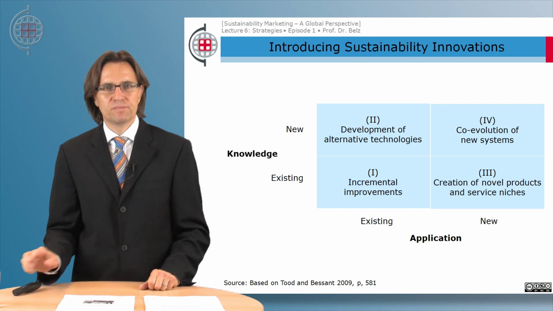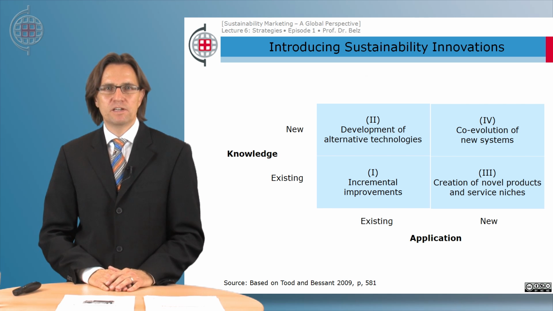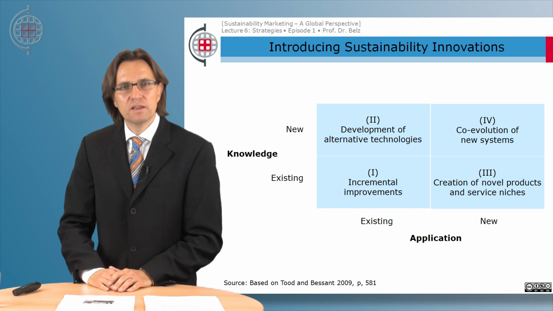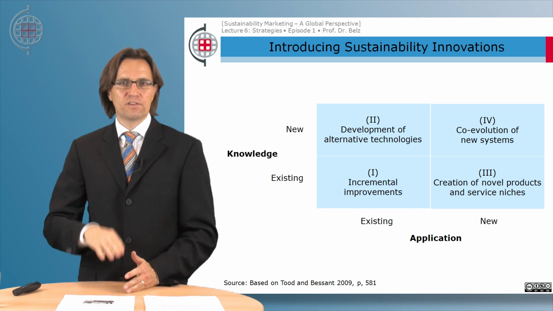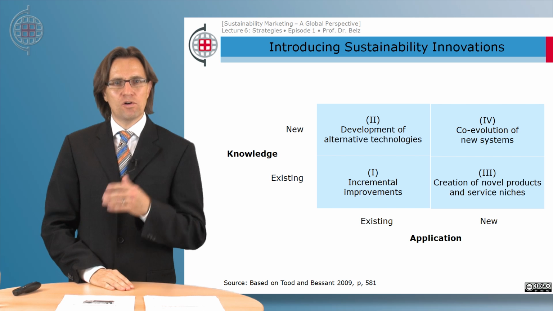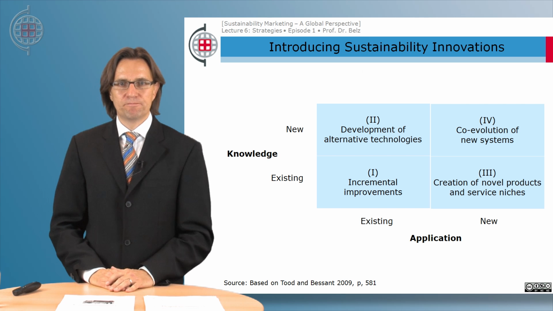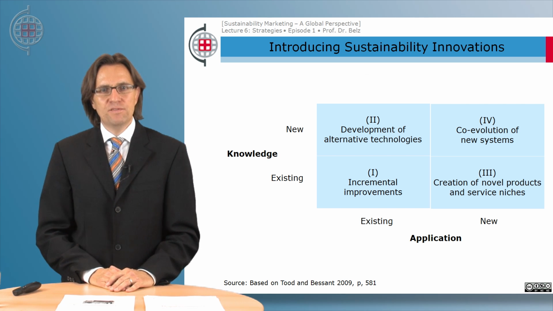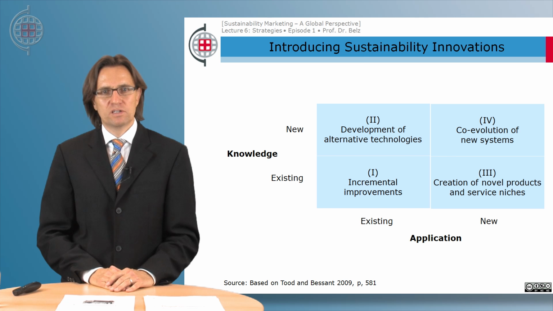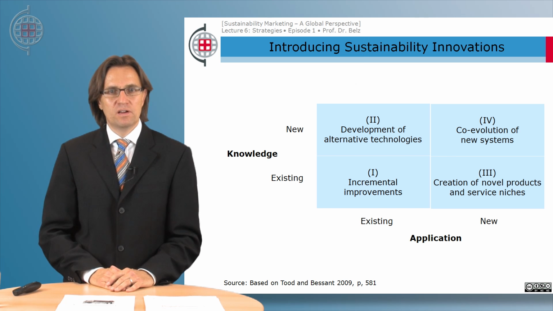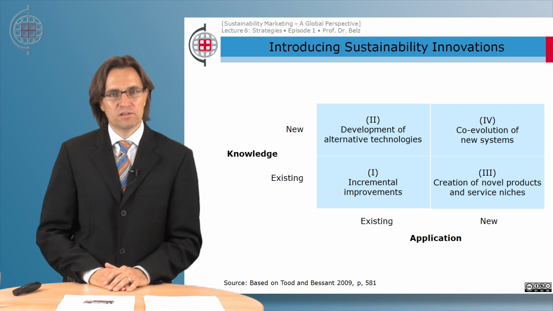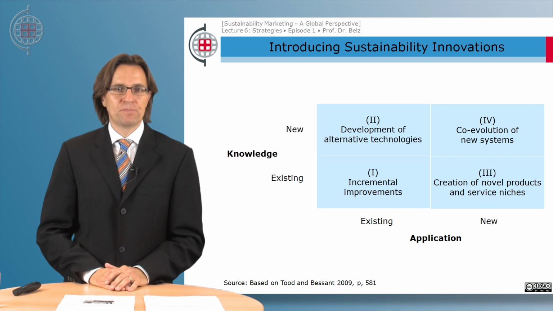The third step of developing a sustainability marketing strategy is to introduce sustainability innovations to the market. There are 4 different types of sustainability innovations, according to the knowledge and according to the application. If you have existing knowledge and existing applications, we talk about incremental improvements in terms of social and environmental issues.